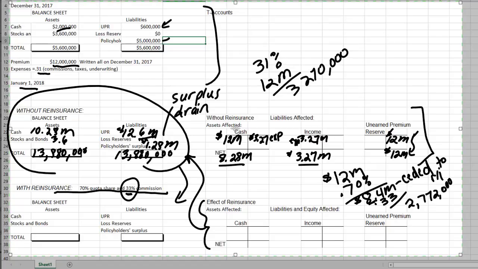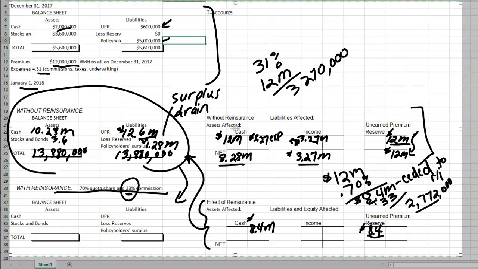And so it is a credit to cash, which is a reduction in cash because we have to give the reinsurer $8.4 million. And it is an offsetting debit to unearned premium reserve because when we transfer that $8.4 million, we're literally transferring it from the unearned premium reserve to the reinsurer.